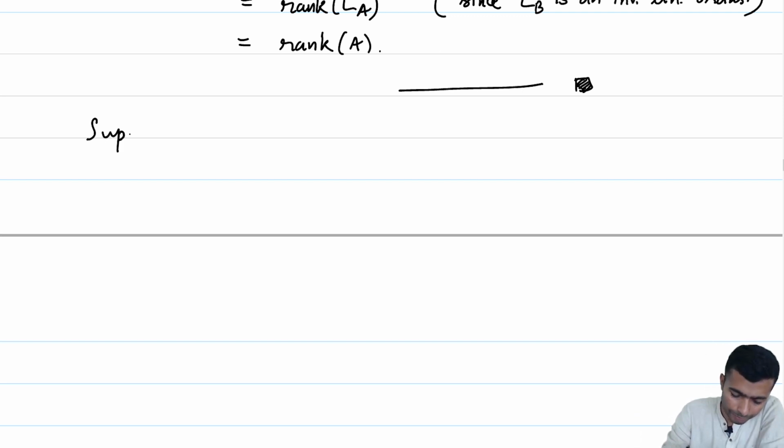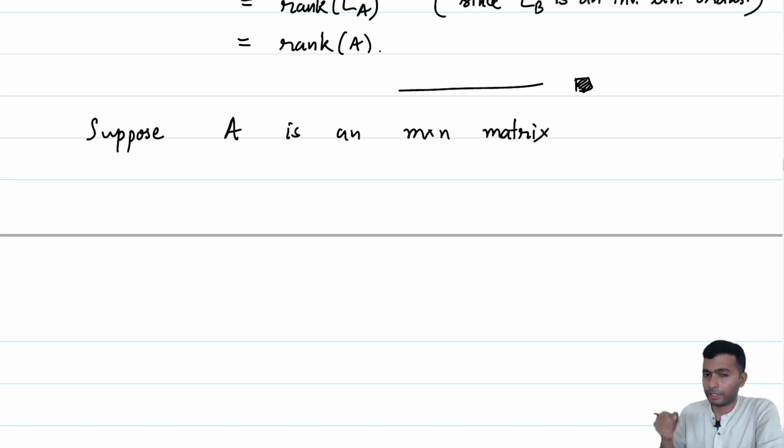So, suppose A is an m cross n matrix. Let us define the column space of A to be the subspace of Rm, which is obtained by looking at the span of the columns of A.